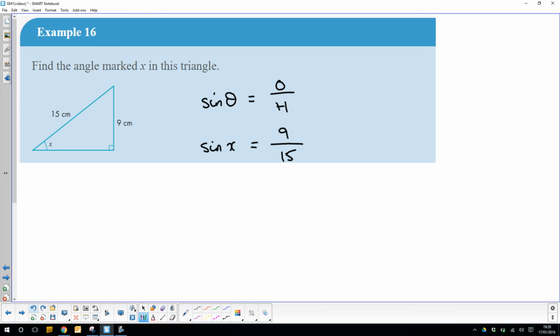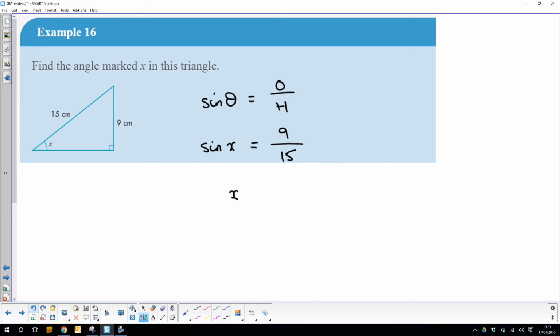And this is now the stage where it's slightly different. When we have the angle, we just type into our calculator sine 30, sine 50, cos 26, whatever it may be. Now that we're trying to calculate the angle, you don't divide by sine or divide by tan. What we do is use the inverse function of sine x or cos x or tan x, which is sine minus 1.